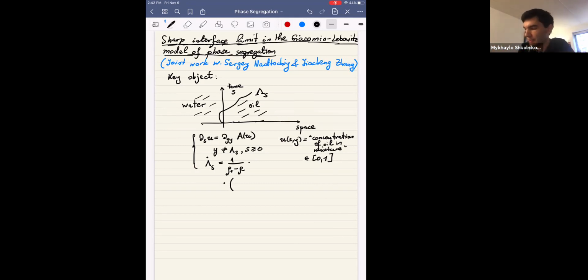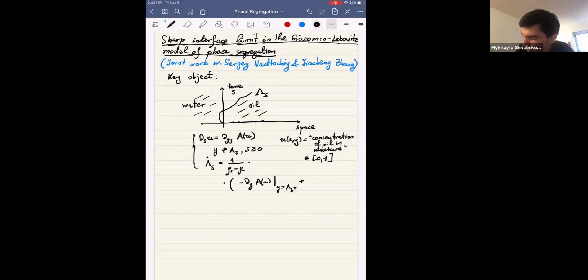And so, formally, the type of flux term that we will look at will be the following. We'll take the derivative of a nonlinear function of u. It's the same nonlinearity as in the PDE, the same capital A. There will be one contribution from one side of the boundary, so that's the oil side.